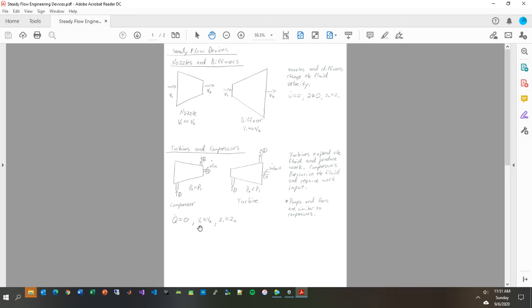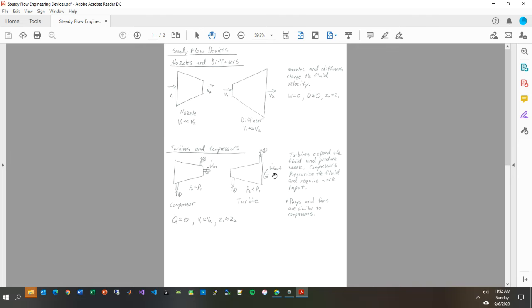Another assumption is that the change in velocity as the fluid enters or leaves the device is negligible. Basically, the change in kinetic energy of the fluid is negligible when compared to the work input and the thermal energy change of the fluid.